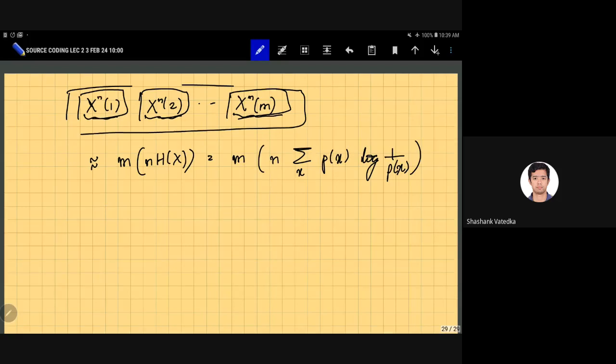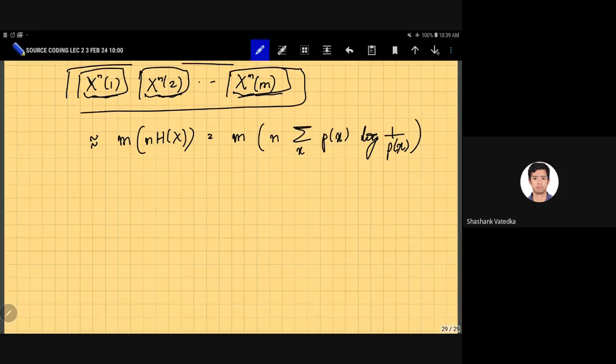So you have the summation over j from 1 through m of n times the summation over all x of q_j(x) log 1 over q_j(x).